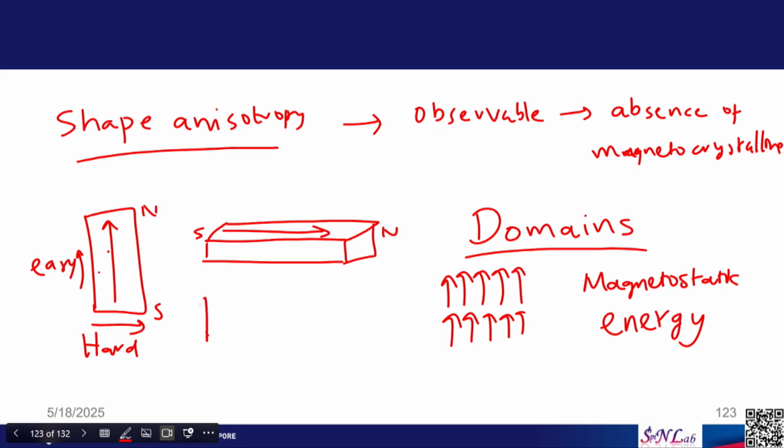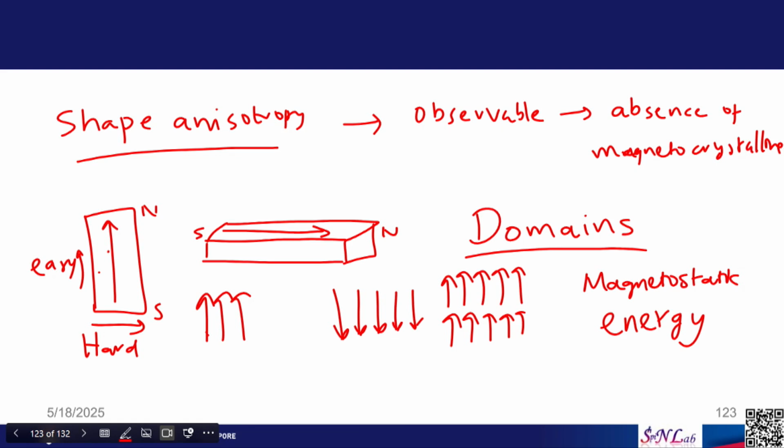That means it will have some domains with opposite magnetization, but in a system it may be random. In the case of perpendicular anisotropy, you have only an up domain or a down domain, but if there is no perpendicular anisotropy, in the plane the magnetization can be in any direction. So, you will form various other types of domains.